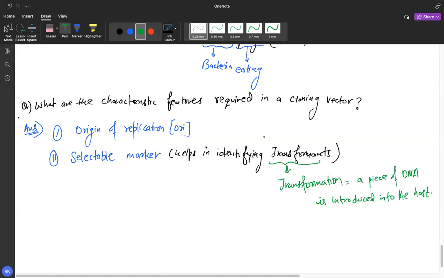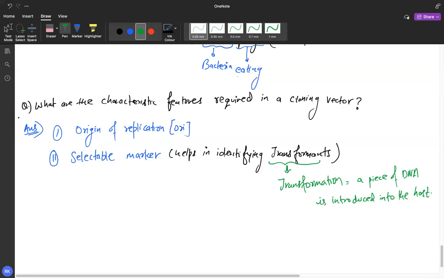What are the common antibiotics? Would anyone like to tell? What are the most common antibiotics, which can kill bacteria? Penicillin. Yeah, penicillin, though we often don't give penicillin these days.